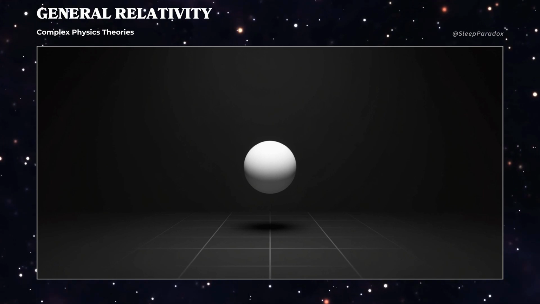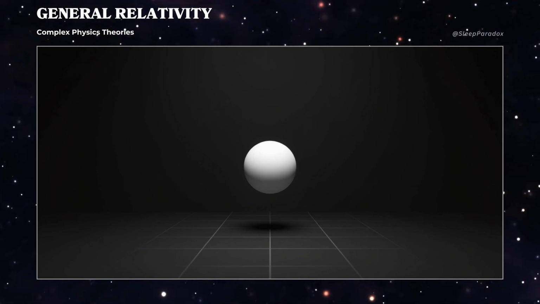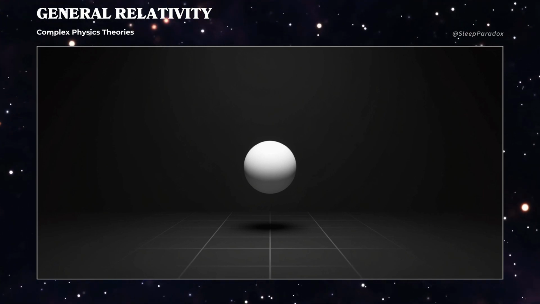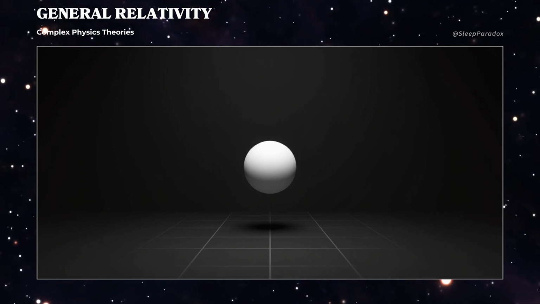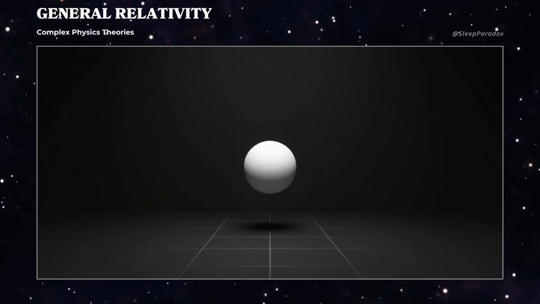And yet, it also points toward new mysteries, like what happens at the center of a black hole, or how gravity works at quantum scales. Einstein's theory reshaped reality. It taught us that space and time are not passive backgrounds, but dynamic participants in the story of the universe.